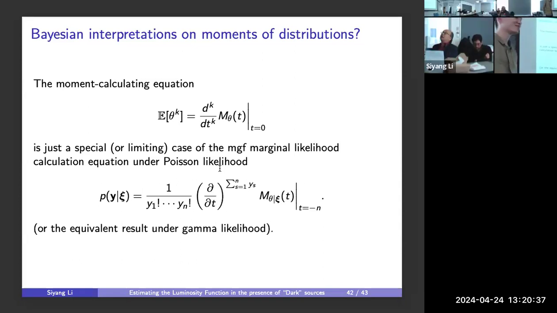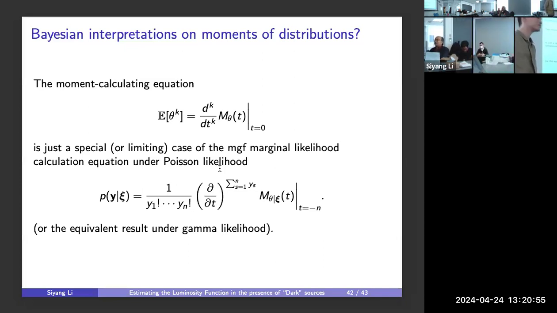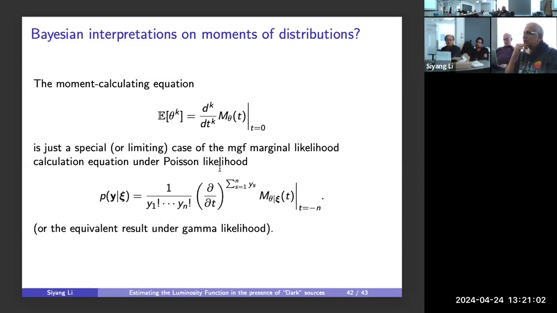If the count is low, the sum of ys is low, but n can be large, there has to be some asymptotics there. That is the case we would encounter when we have a spectrum with a large number of empty bins. This might actually give you a very nice result. We should tell Yang about this, it's interesting.